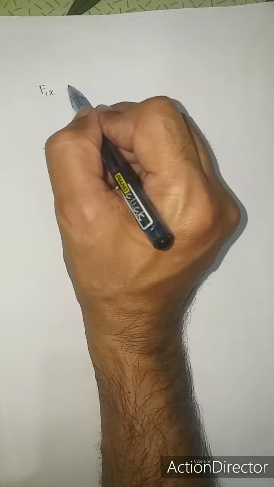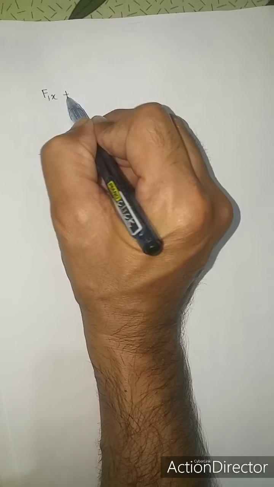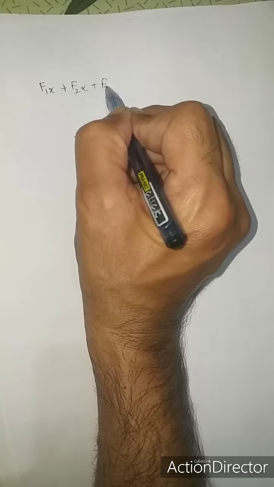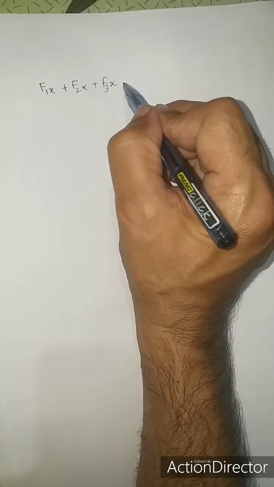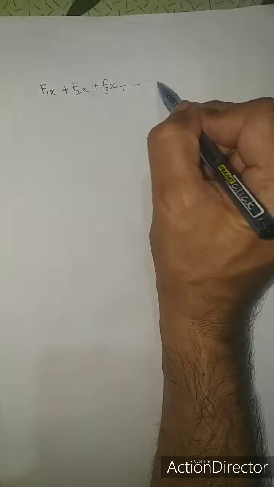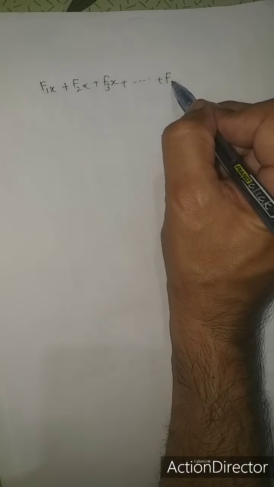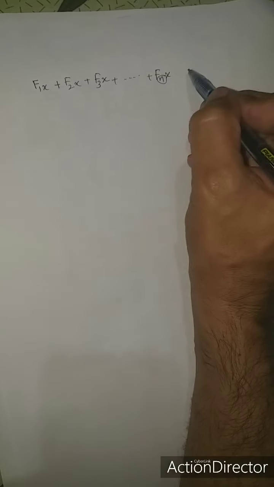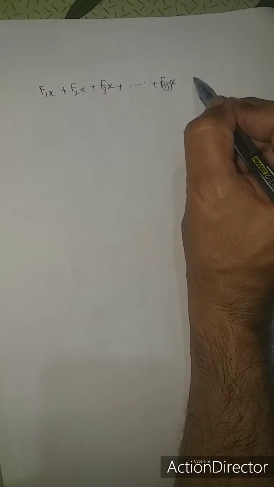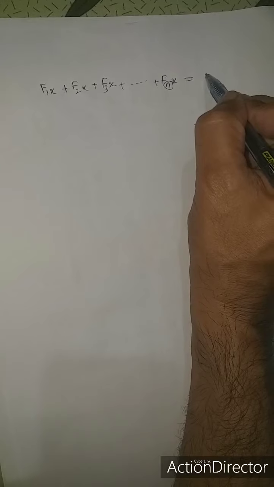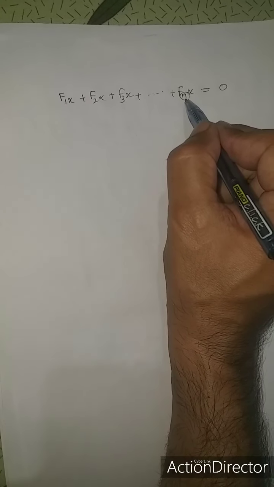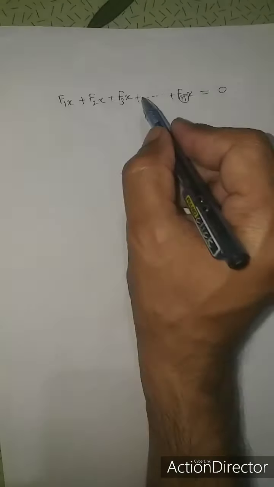Suppose this is the first force acting along the x component, and then f2x, f3x, and fnx, where n represents any number of forces acting along the x axis. They must be equal to 0.